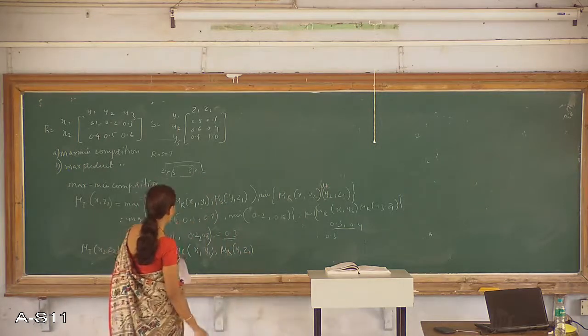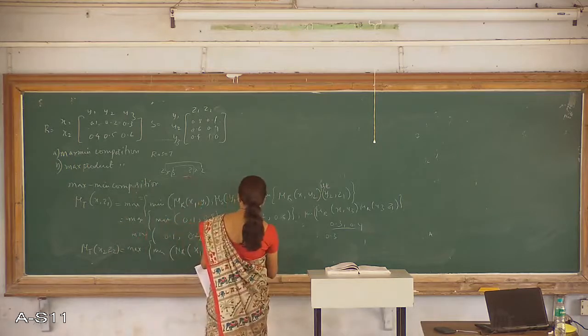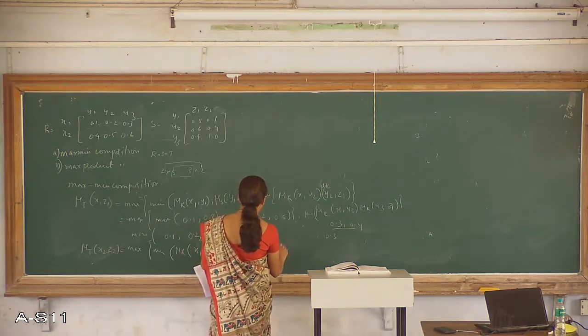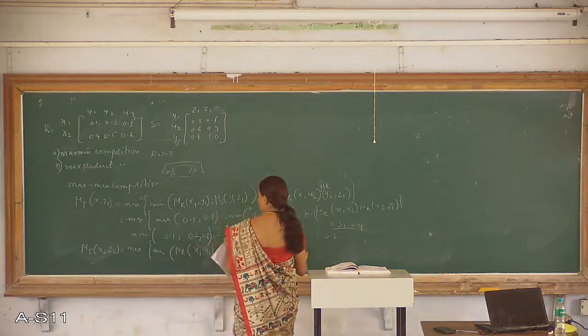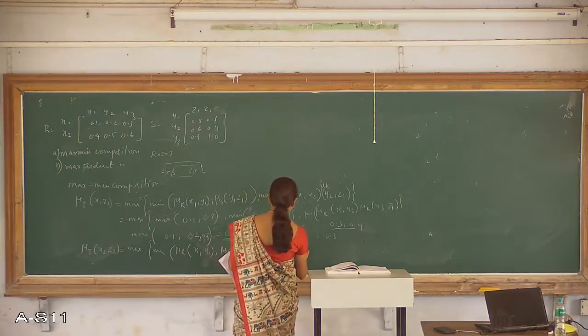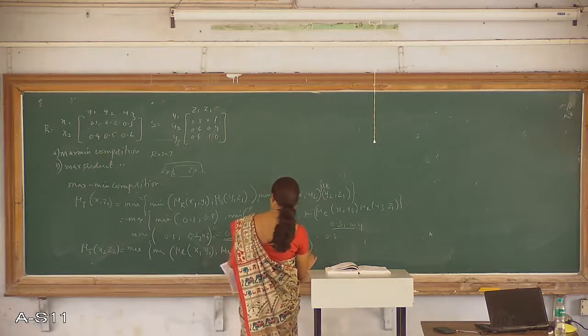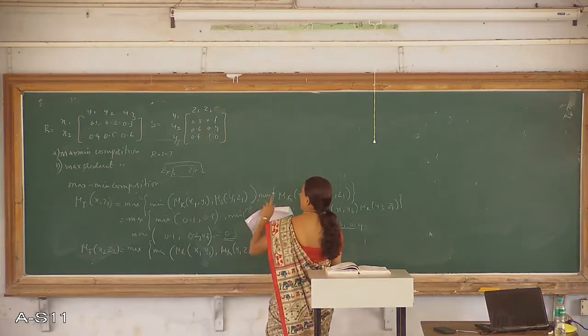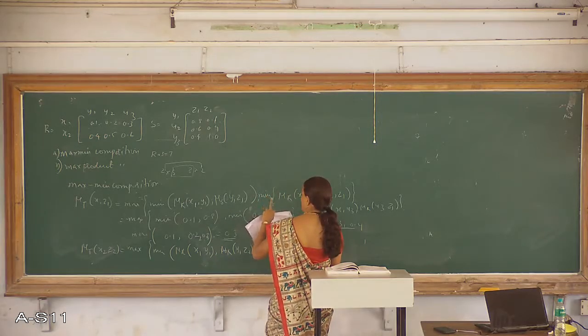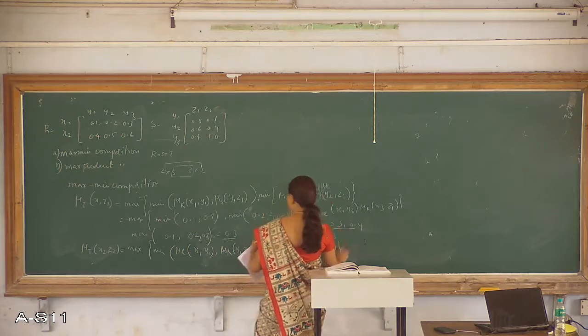Then I can have minimum of mu R of x1 y3 and y3 z2.